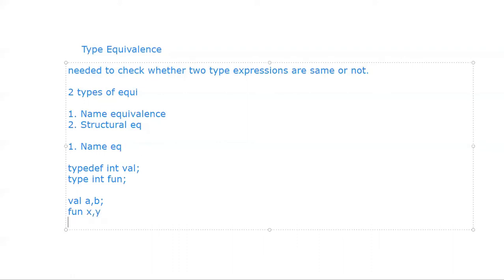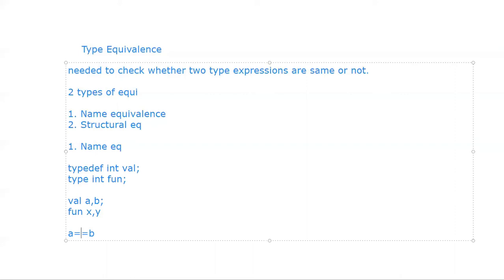Now if I write A is equal to B, will the compiler give error? You take it as equal to, don't take it as assignment. We are talking about the equal to.